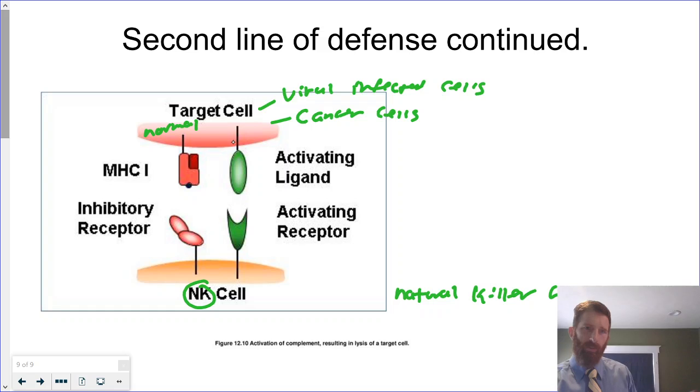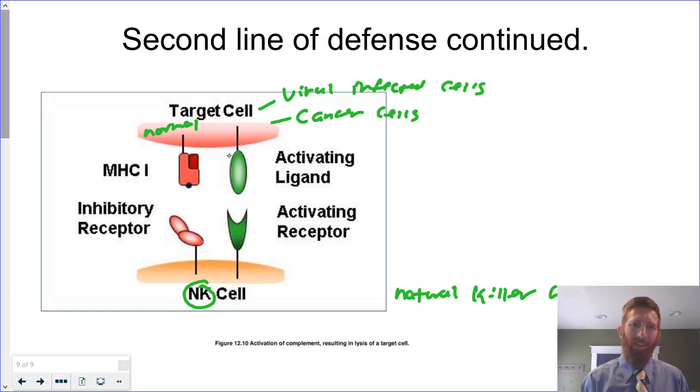Now, if this target cell has a virus, or if the DNA has gone all wackadoo and it's sick and it recognizes that it's sick, it'll make this protein and it'll express this protein on the surface of its membrane, and that'll activate the natural killer cell, and the natural killer cell will then go ahead and do its job, and it will kill that target cell.